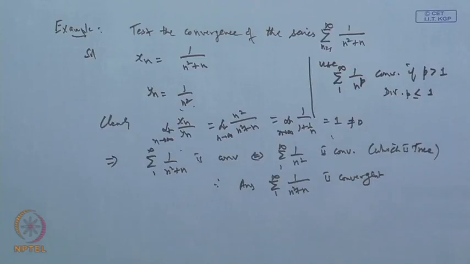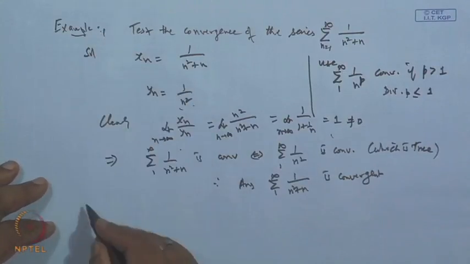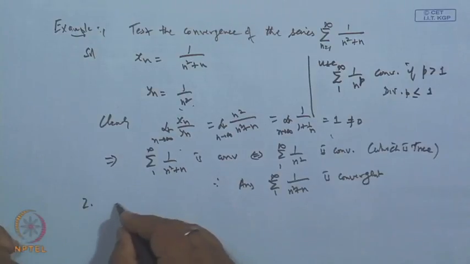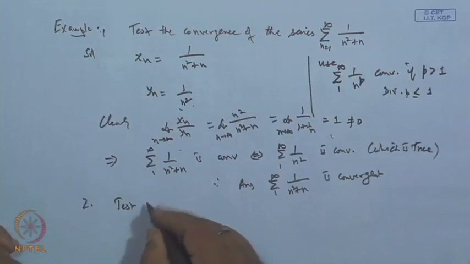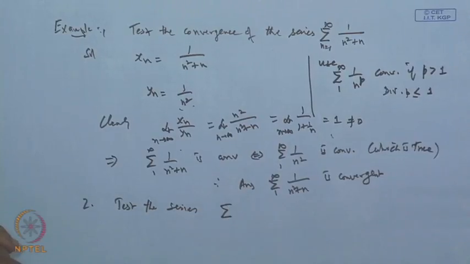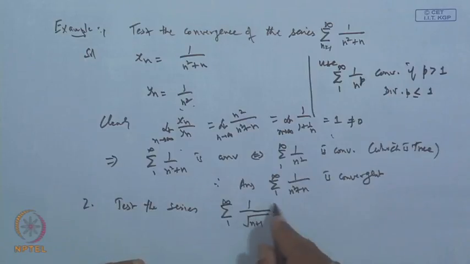Okay. Now, similarly, let us take another example: test the series sigma 1 over under root n plus 1, n from 1 to infinity. Again, this is a sequence of strictly positive real numbers. To test this, we will apply the limit comparison test.